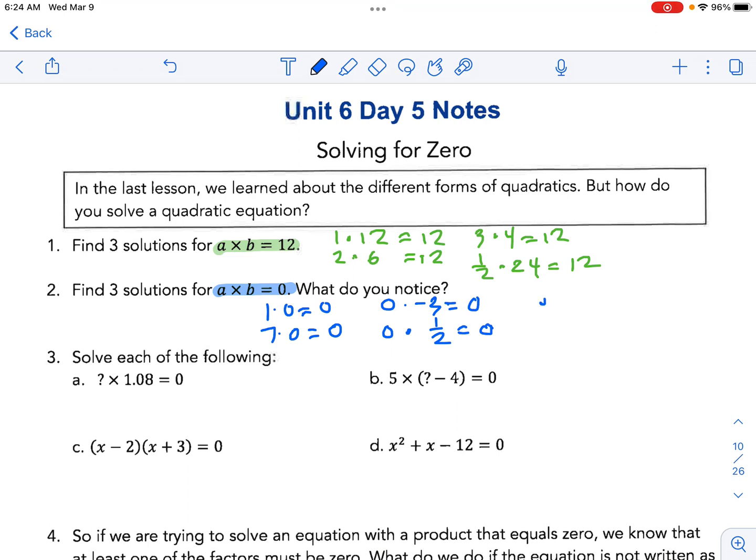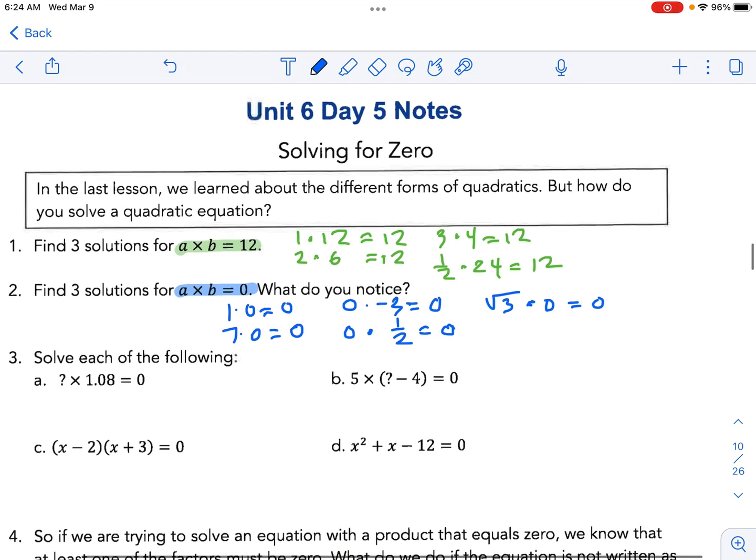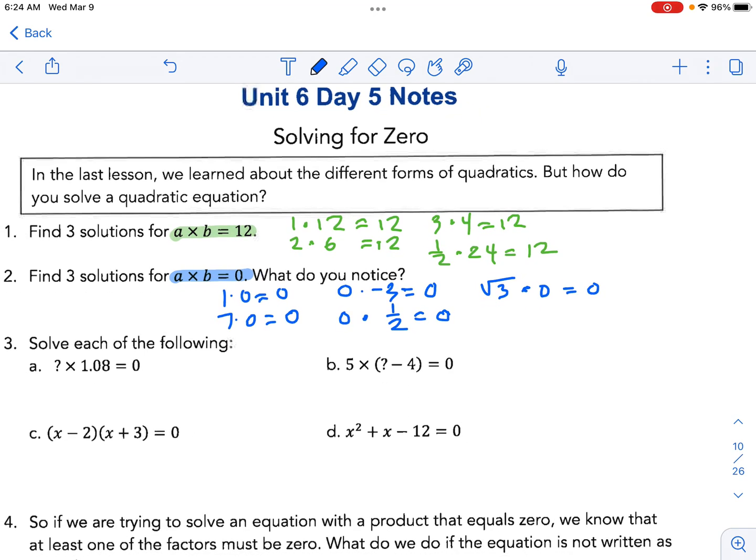We could even go irrational, right? The square root of 3 times 0 is 0. So the one thing that we get is that either A is going to equal 0, or B is going to equal 0. And that is necessary in order to get a product of 0.